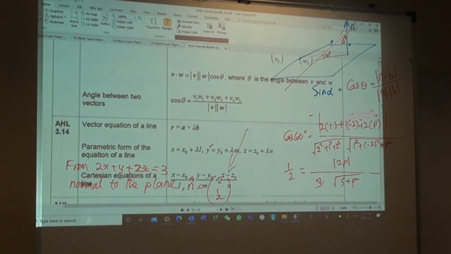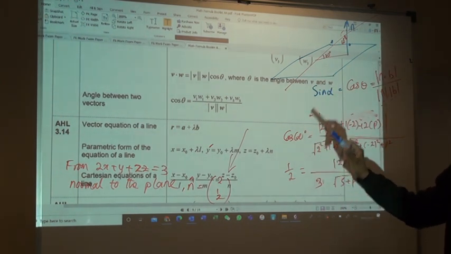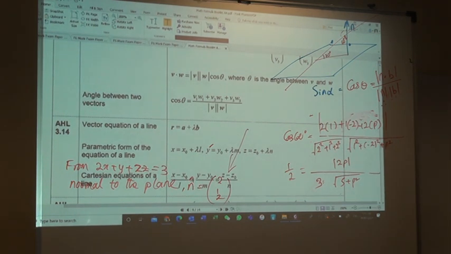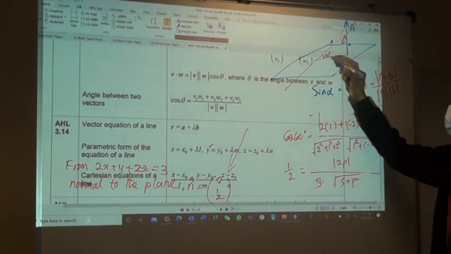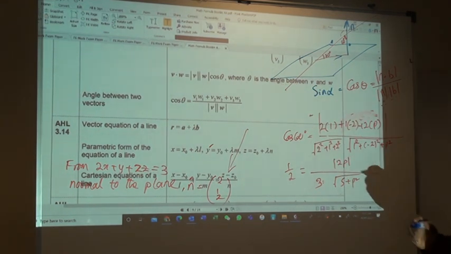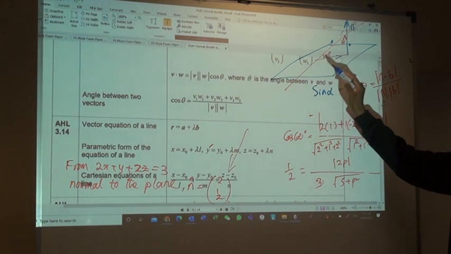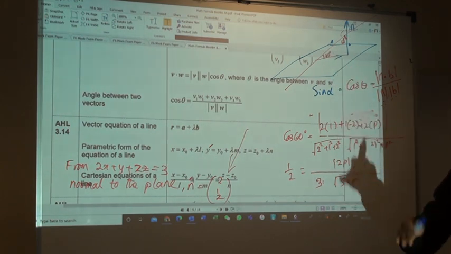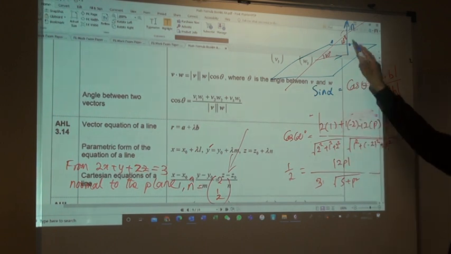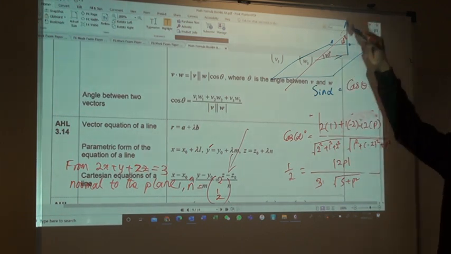It doesn't take into account the angle directly between a plane and a line. Mind you, this is also a vector parallel to that plane. So it's not relating it to the plane directly, but talking about any two vectors. That is why we had to use this to get this so that we can work it out here.